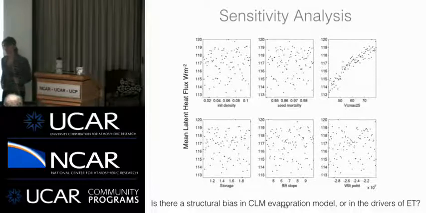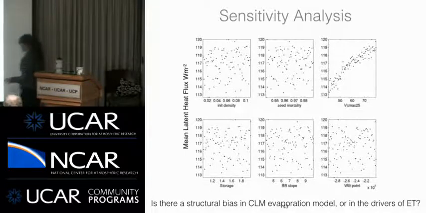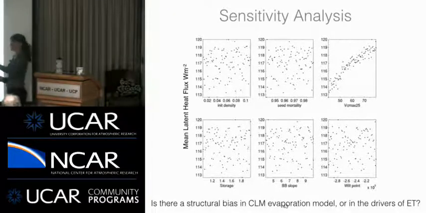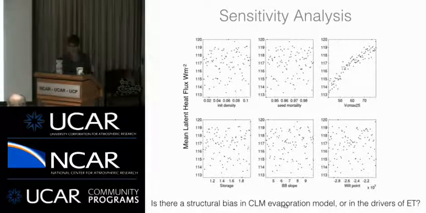I presented this at the CESM meeting last week, and afterwards Sean Swenson came up to me and told me he had discovered a bias in the offline meteorological drivers we were using for the CLM. I think this problem is due to the low humidity in the driver files we're using, and he'd done some analyses showing that was the case. I was going to do these model runs, but I couldn't get it to run on the same machine where the new data he was using resides. Anyway, we have some hope for that.